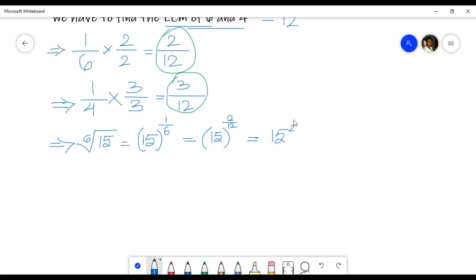We can also say it as 15 square into 1 by 12, right? Because we have replaced 2 with the square, so we are left with 1 as the numerator. Now 15 square would be how much? 15 into 15 is 225, and the exponent is 1 by 12.